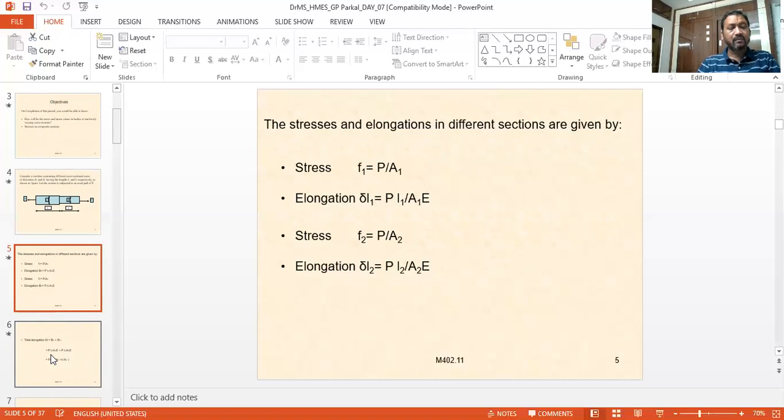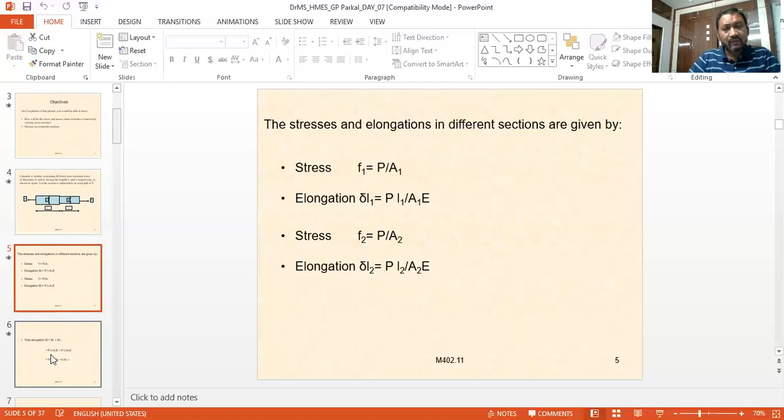The total elongation of the bar can be found by finding the elongation at section 1 and the elongation at section 2 and adding the two elongations, so then we'll get the total elongation of the bar.